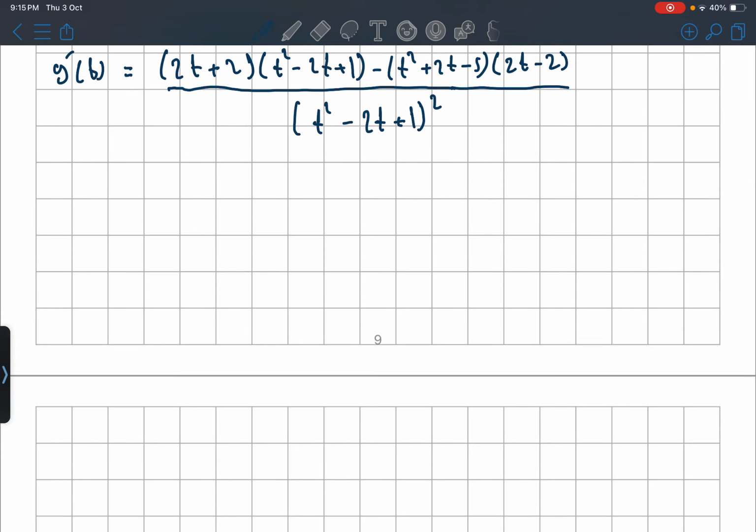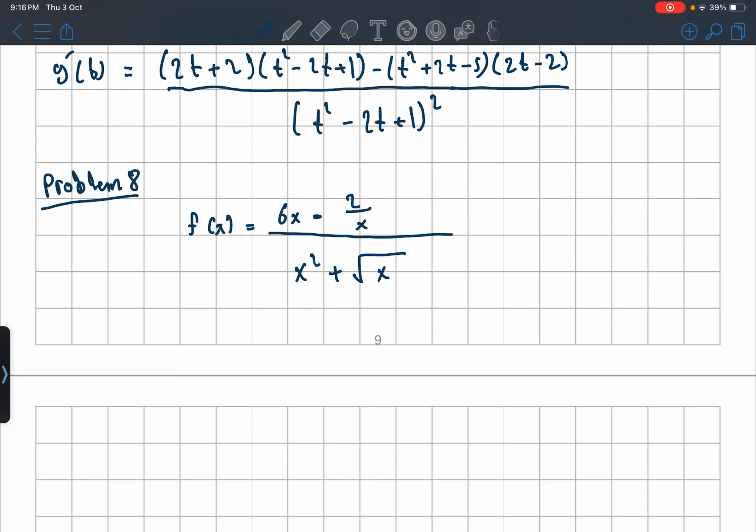Okay, here problem 8. We have 6x minus 2 over x squared plus square root of x.